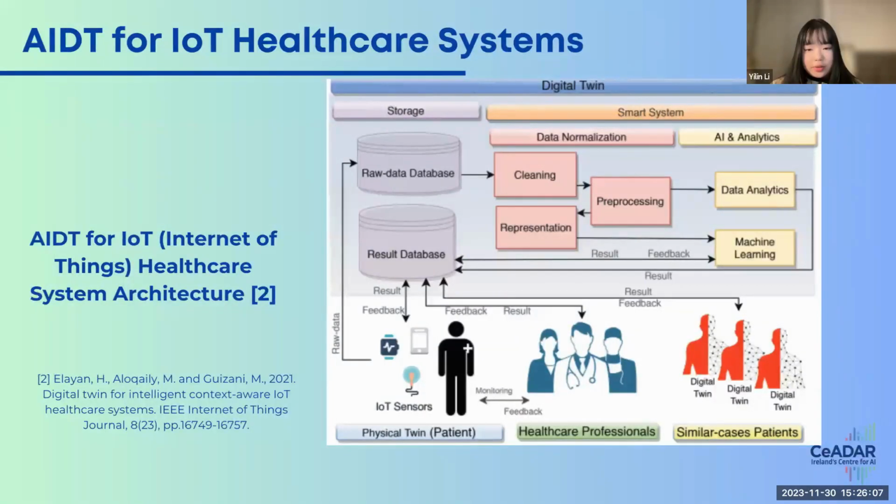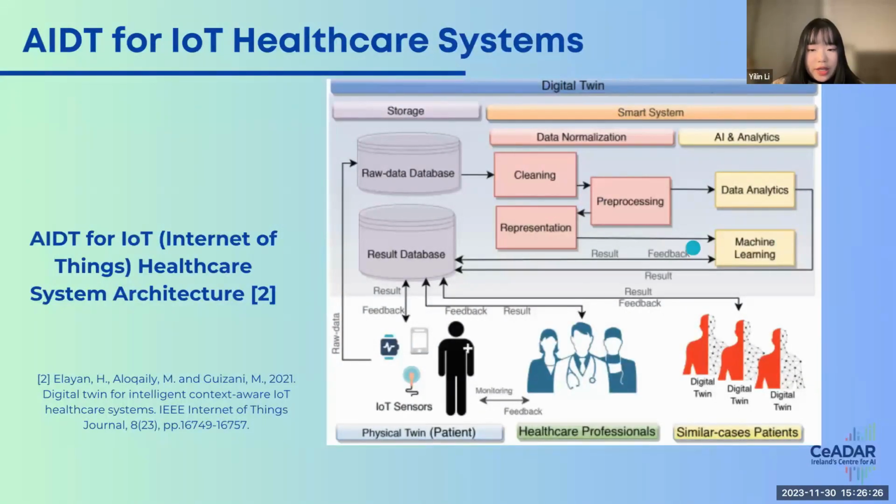When entering the digital twin, raw data undergoes strict cleaning, then pre-processing and transformation to make it suitable for detailed data analysis in the next stage.